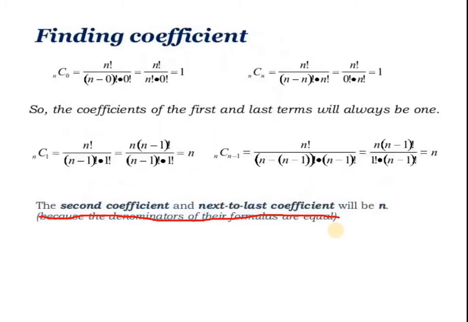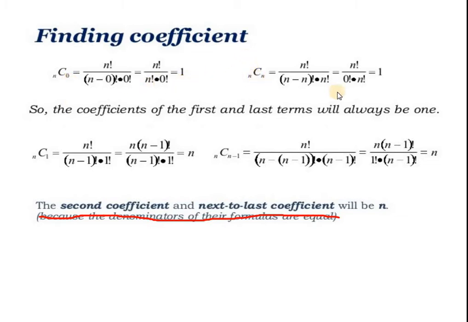Now we come to the next slide. Finding binomial coefficients. We know how to find the value of the binomial coefficients. Using that formula, we can find the value of nC0, which is equal to 1.